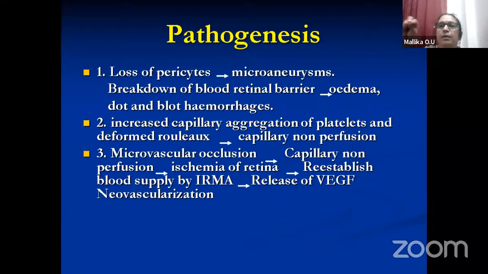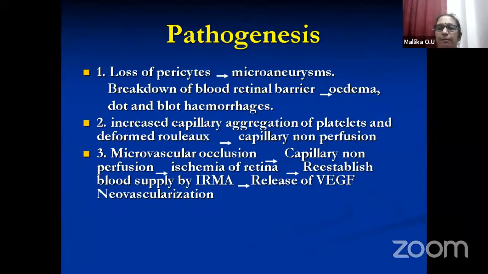And this non-perfused retina is struggling to get oxygen supply. So there will be ischemia of the retina. And the ischemic retina tries to re-establish its circulation. So it wants oxygen, so it will try to re-establish its blood supply.